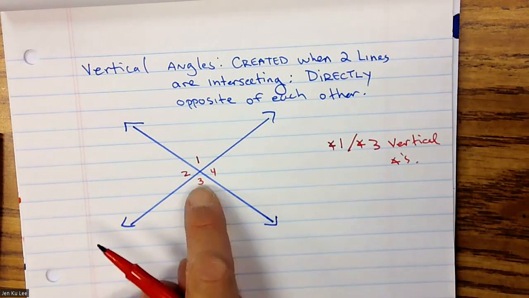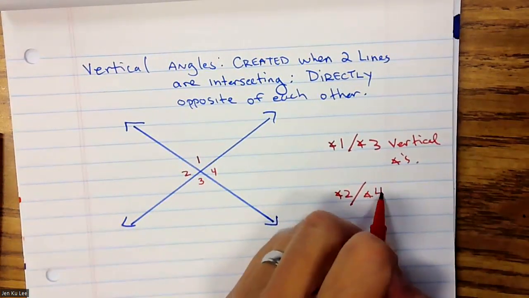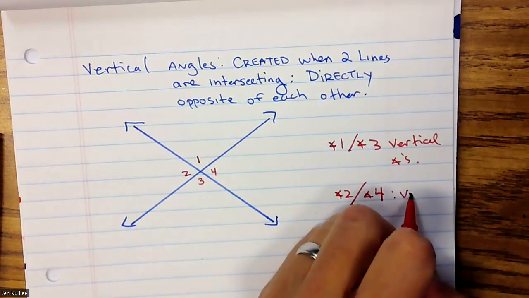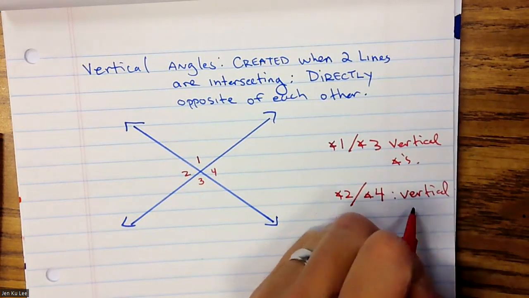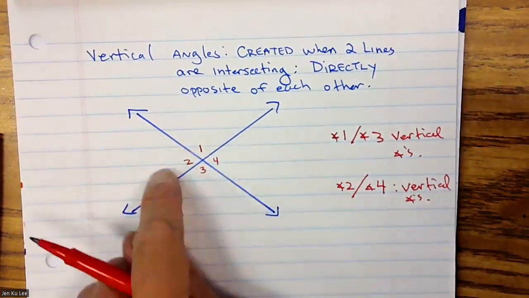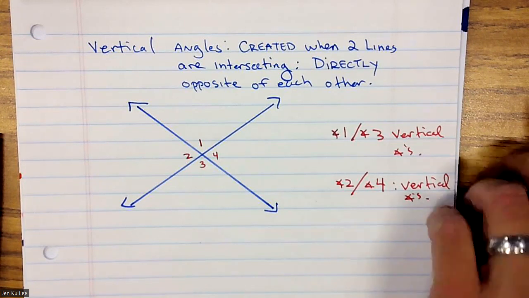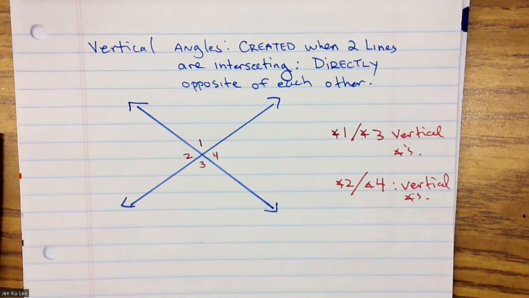And angle 2 and angle 4 are also vertical angles, because they're directly opposite of each other. All right? I'm going to give you guys a little activity. What do you guys know about these vertical angles? Answer that question.